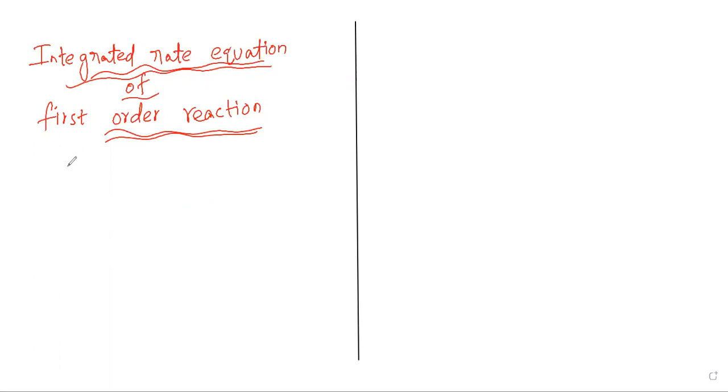If the reaction is R gives rise to product, and the rate law is written as rate is proportional to the concentration of R to the power 1, this is known as a first order reaction, right?